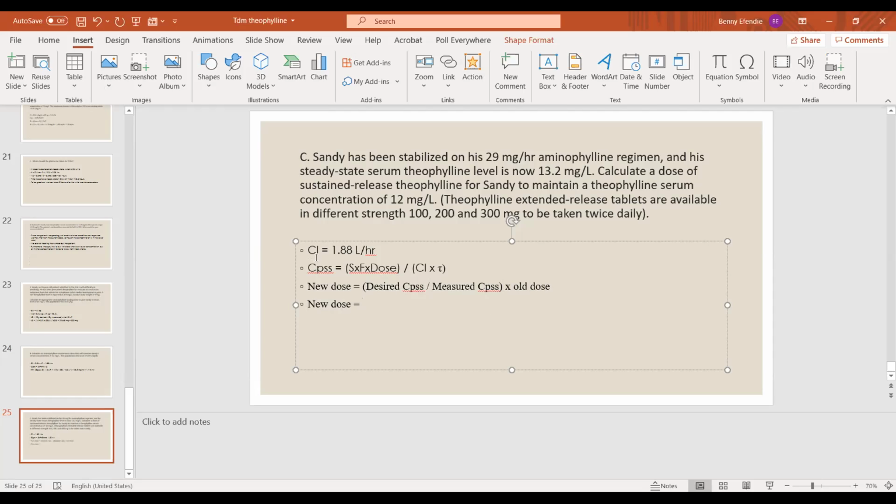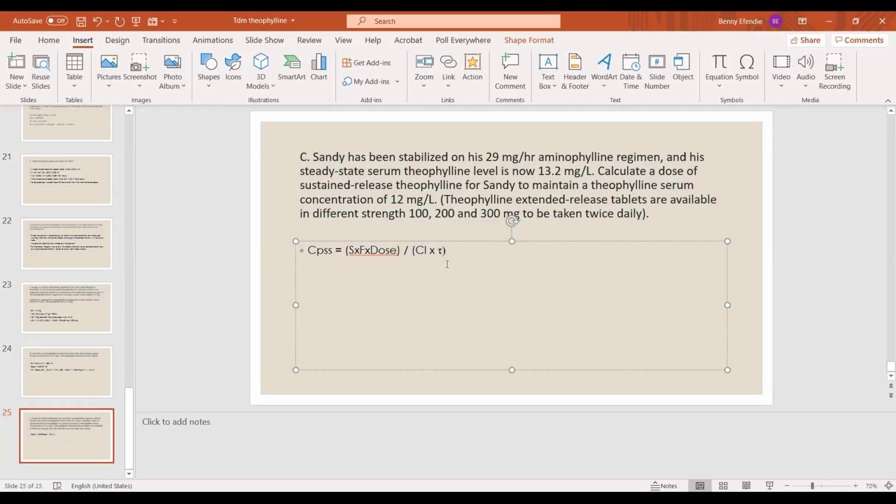So you can use this, but I just want to show you that actually this clearance is population clearance. So now since we already have the CPSS, we can calculate the clearance of the patient.